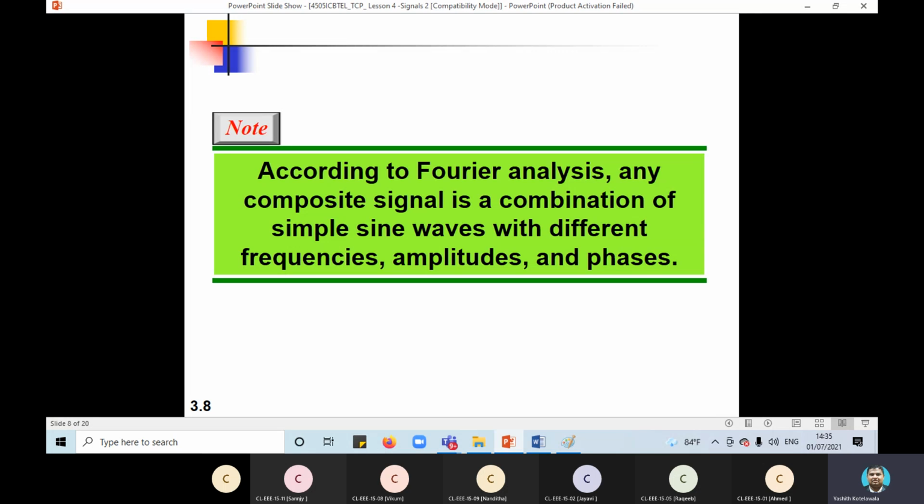So in signals and systems, what you are doing is this Fourier analysis, making use of this Fourier series to analyze by decomposing complex signals. So according to Fourier analysis, any composite signal is a combination of simple sine waves with different frequencies, different amplitudes and different phases, right?